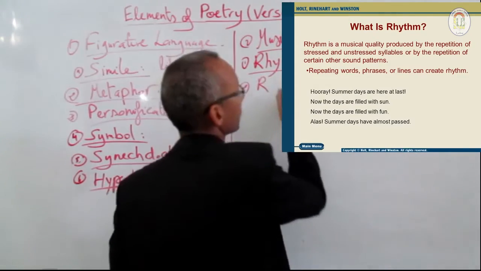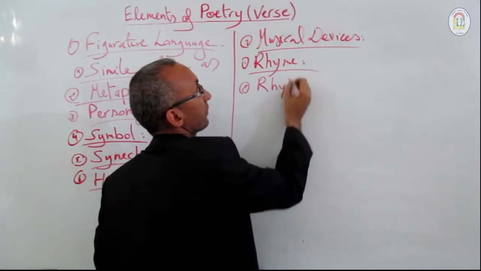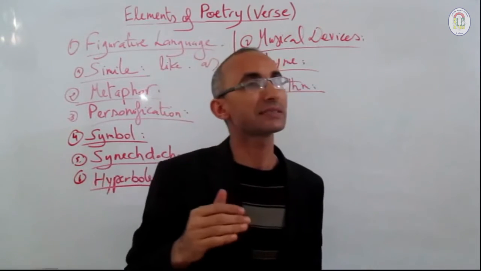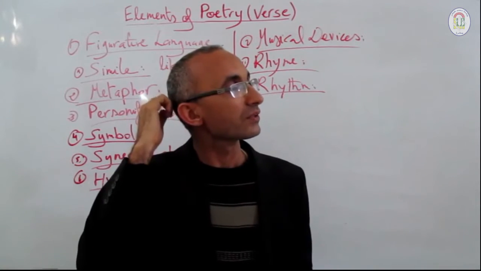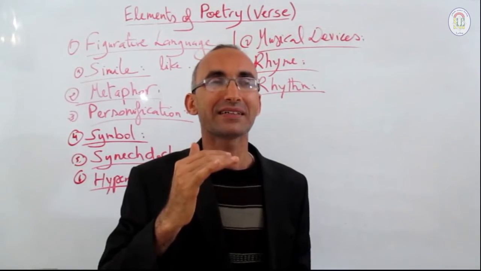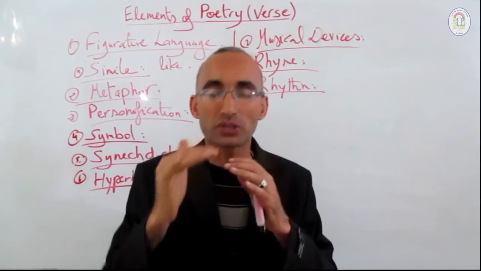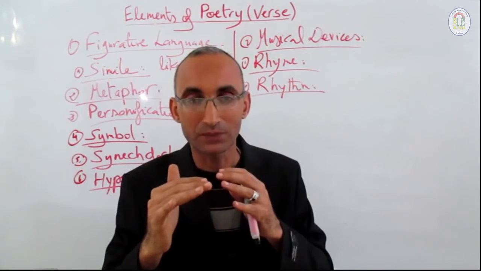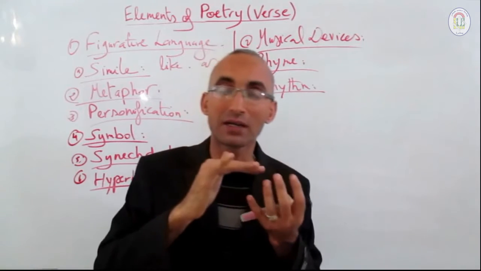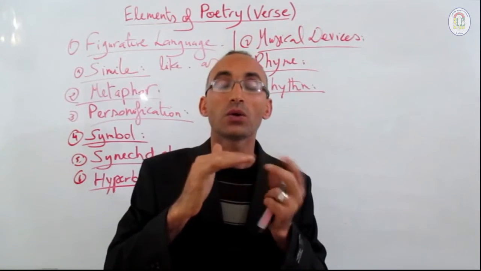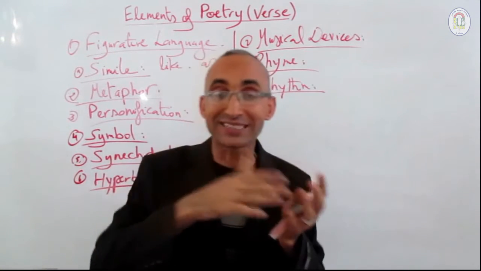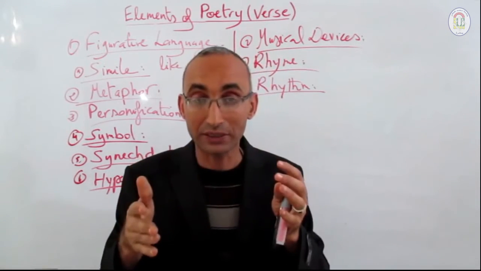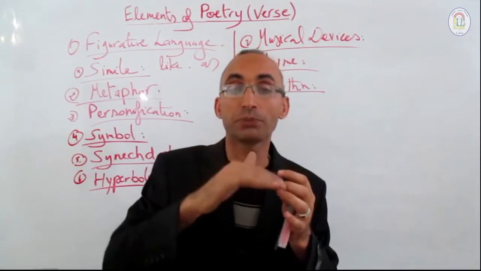Rhythm is, you can say, when the words are arranged in a particular order, according to a particular order of syllables, stressed and unstressed, a particular number of feet, which give us a particular meter.